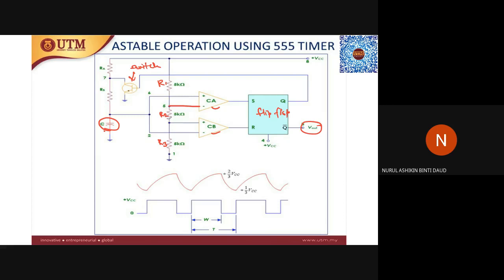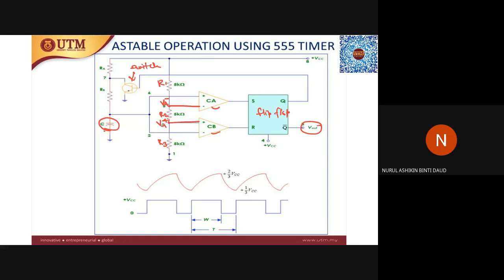So let's mention this as VA minus, since it is connected at the minus terminal. And at this point, since it is connected at the non-inverting, which is the positive terminal, let's mention this as VA positive. We can calculate the values of VA minus and VA positive.